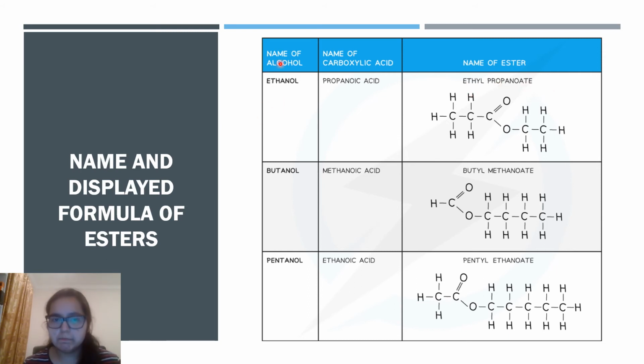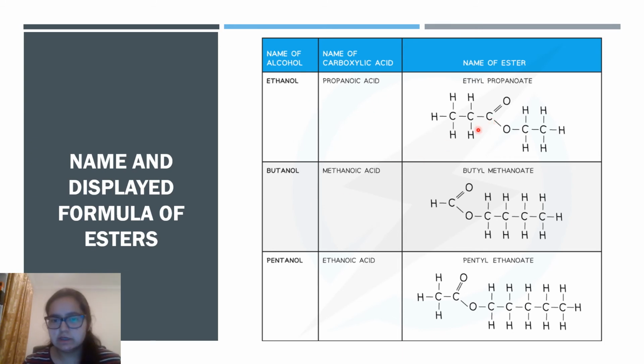The alcohol part gets an "-yl", so ethanol becomes ethyl. For propanoic acid, we cut the "oic" and we get "oate". Instead of "oic", we write "oate". So it becomes ethyl propanoate.